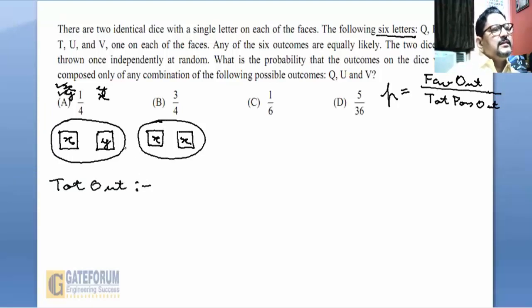Now first let us take this case. There are 6 alphabets, out of which 2 should fall. So 6C2. And those 2 that will fall, if they are interchanged, they form a separate combination. So their number of ways of arrangement is factorial 2.